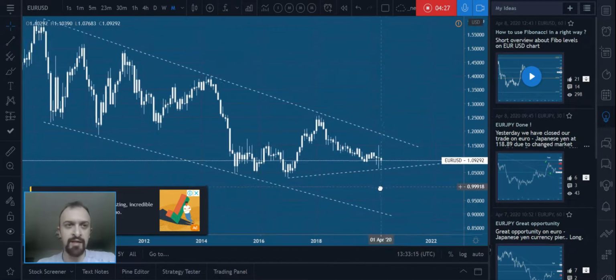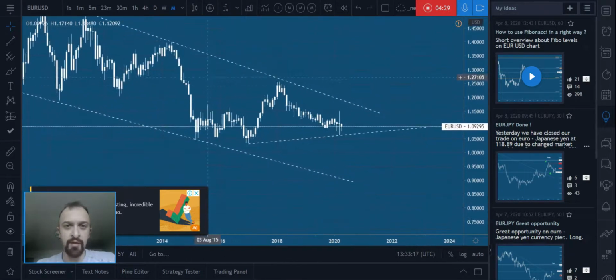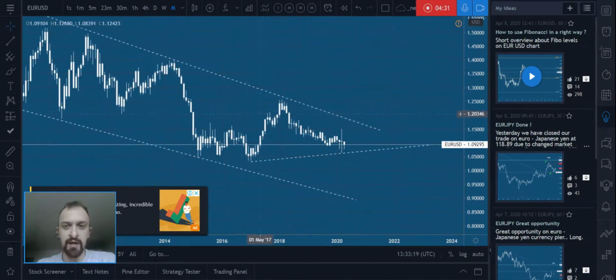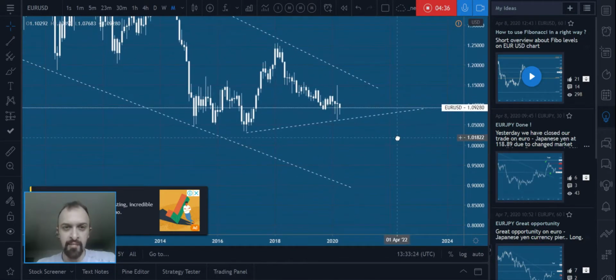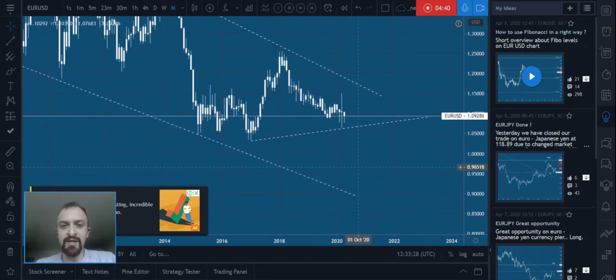There are some kind of parallel lines. So this is also some information about the downtrend of the euro. Definitely I cannot use it today. I cannot make a decision based on these long-term trend lines.